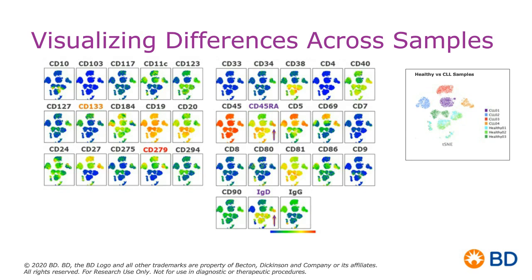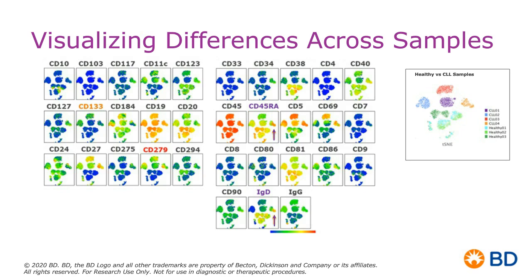Now, of course, we also want to understand what's driving the heterogeneity within the CLL samples themselves. So I could draw your eye to CD133, which is the second row down and the second plot to the right. You can see that 2 of the CLL samples are positive for CD133 and 2 of them are not.